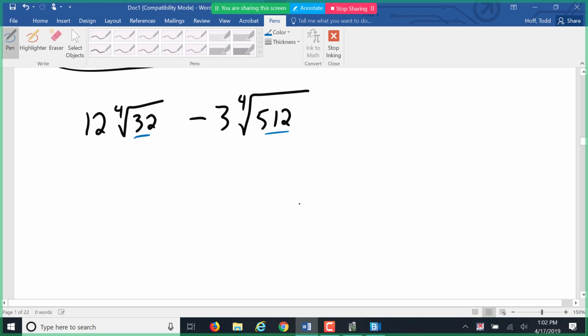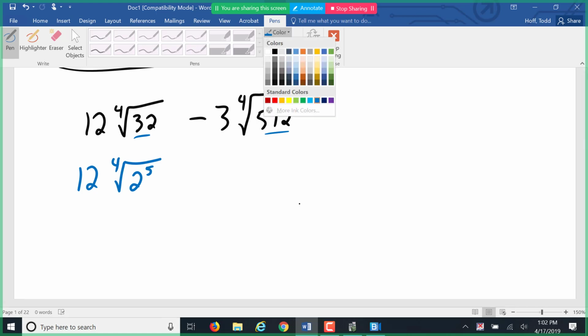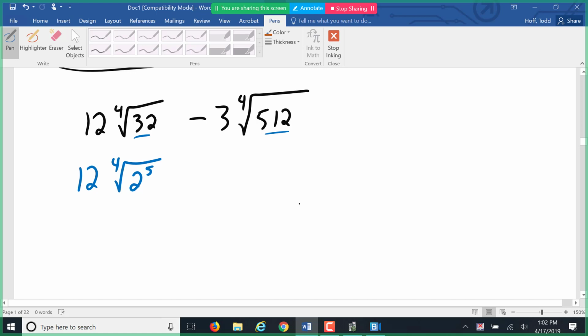If I factor 32, it becomes 2 to the power of 5. There's 2 times 2 times 2 times 2 times 2. What can I reduce that to? Well, how many 2's can I pull out of here? 1. So I pull out a 2.